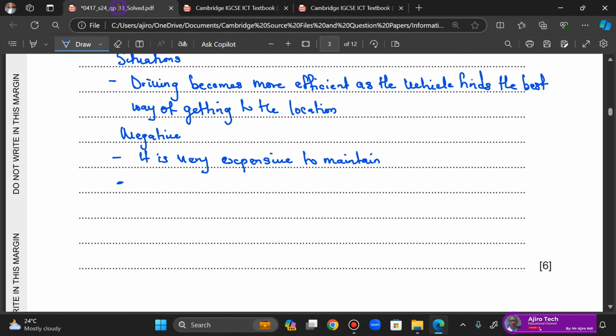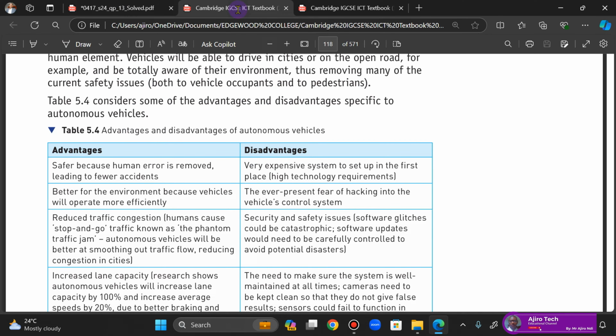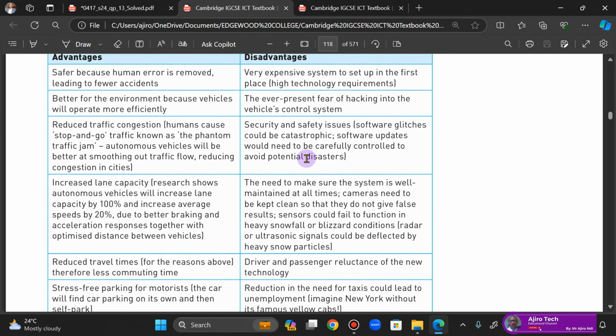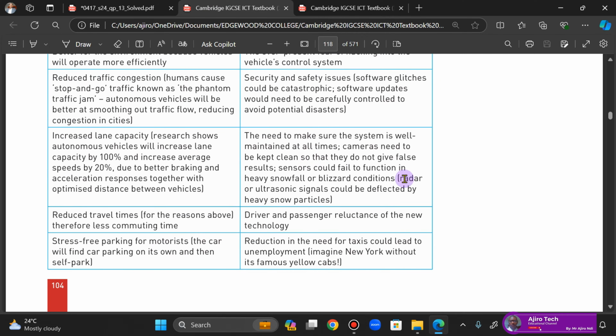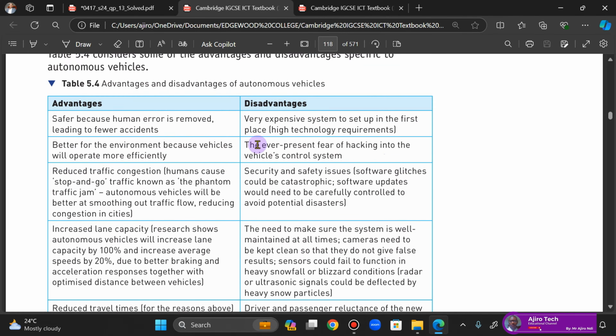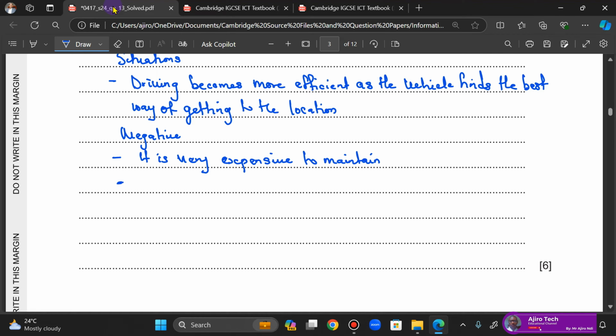Okay. Another one is the ever-present fear of hacking into the vehicle control system. So you have to take note of that. There's that fear.